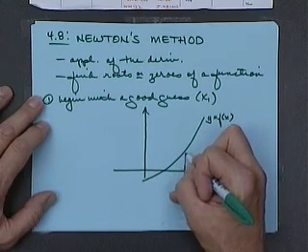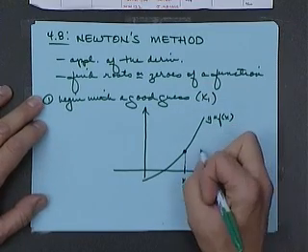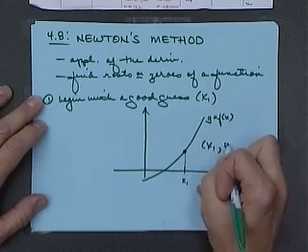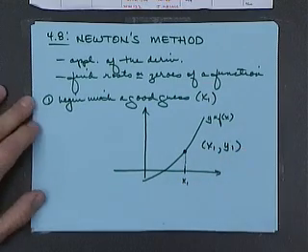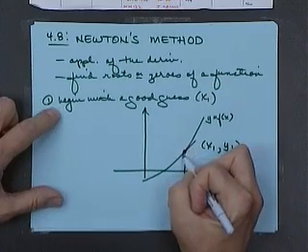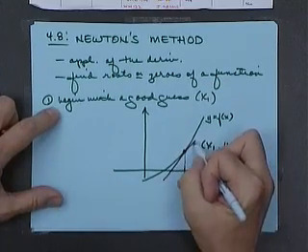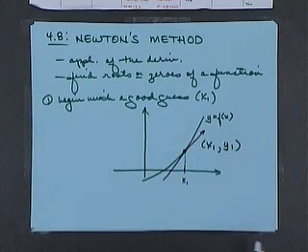So we go up to the curve. We locate that point on the curve. So we're at the point x1, y1. We construct the tangent line to the curve. Could we determine the equation of that tangent line? We know a point on it.